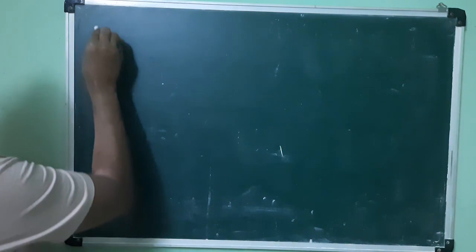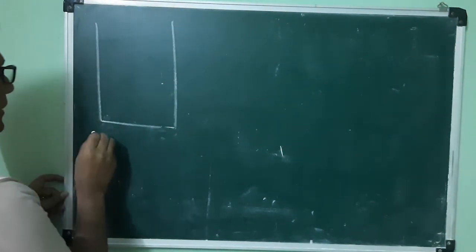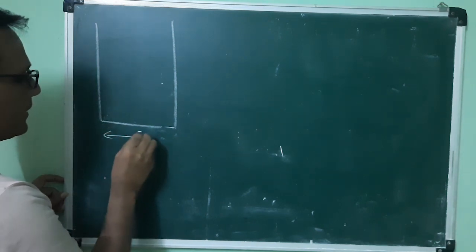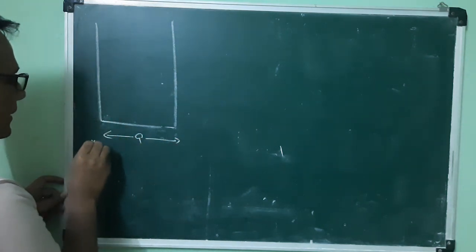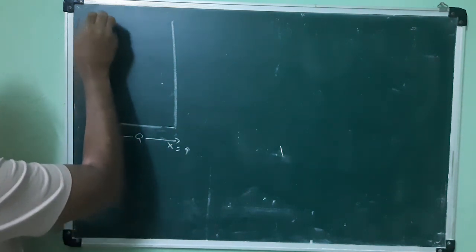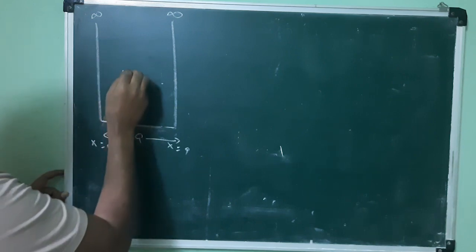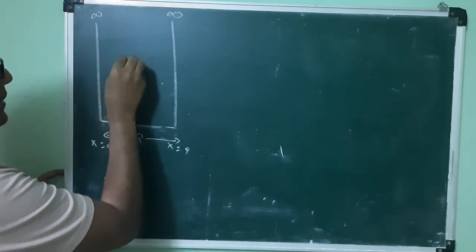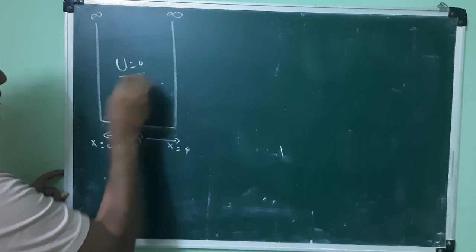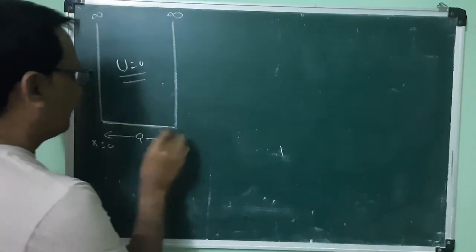So let us have this constant potential well. The size of this potential well is A, let's say. So here this is x equal to 0 and this is x equal to A, and the potential is infinite at the wall, and inside the potential energy U is equal to 0 as usual, and one electron is confined inside this box.